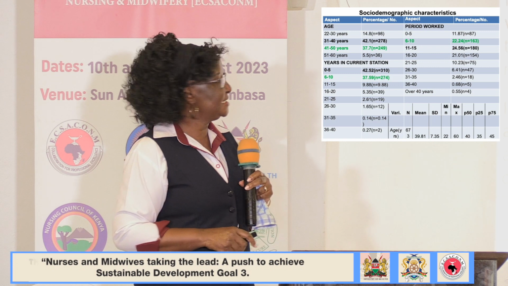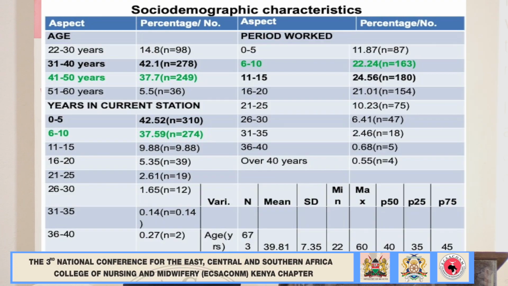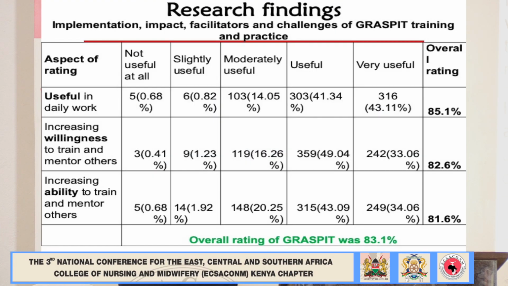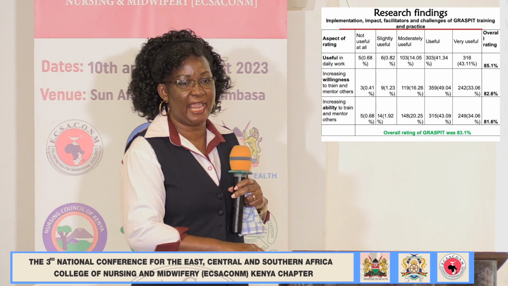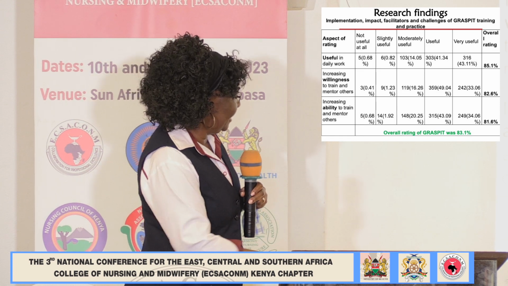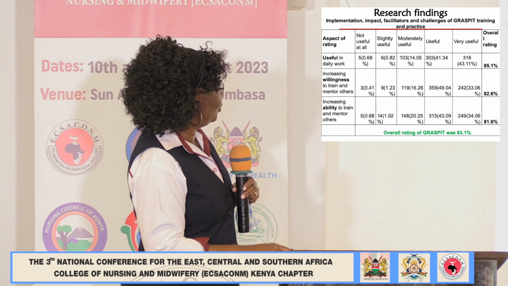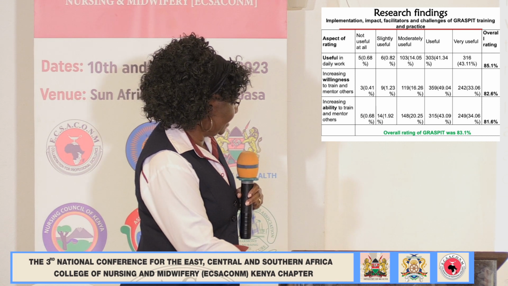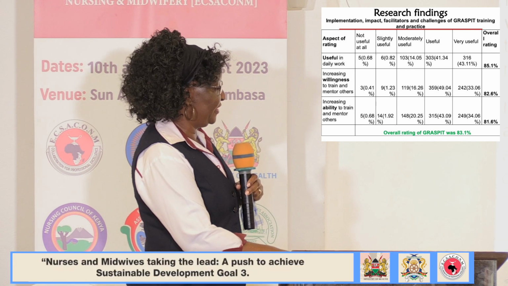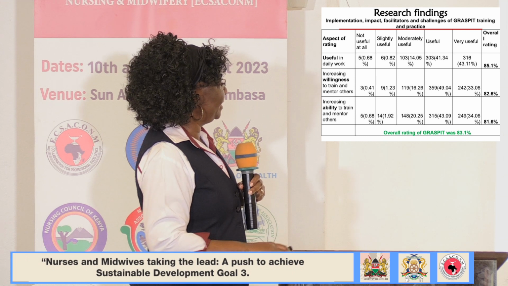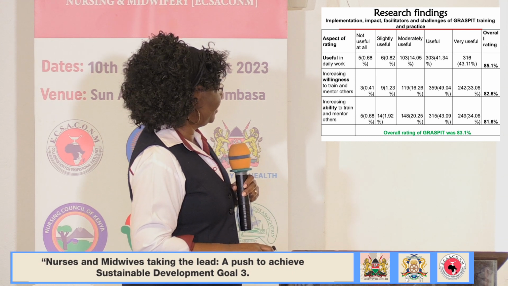So we looked at how useful it was, and you can see the rating here. The overall rating is here in terms of usefulness at work, and willingness to train after the GRASPIT training was quite high. We also looked at the ability to train and the ability to mentor, and the overall score there was 83.1, when you look at the average of them all.